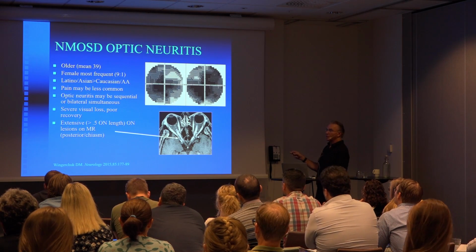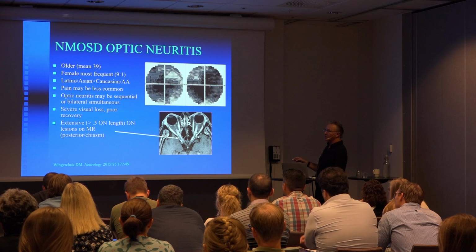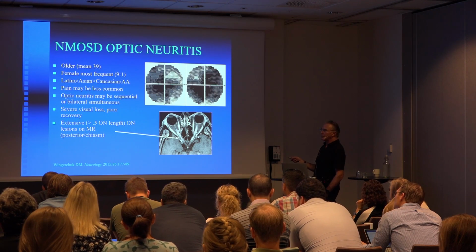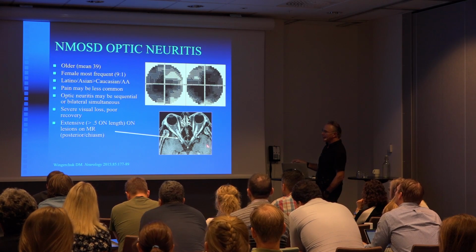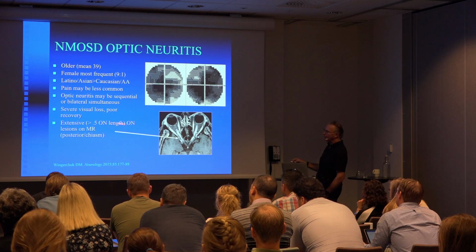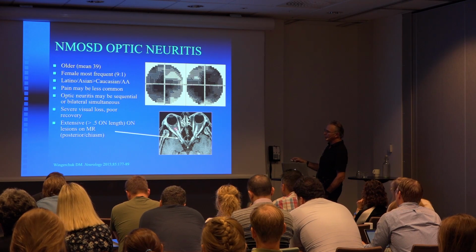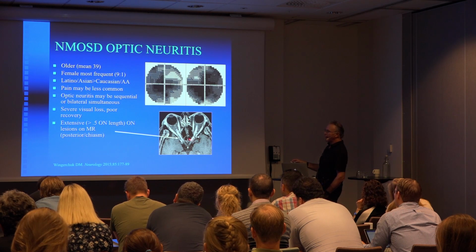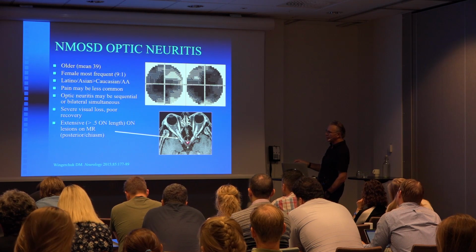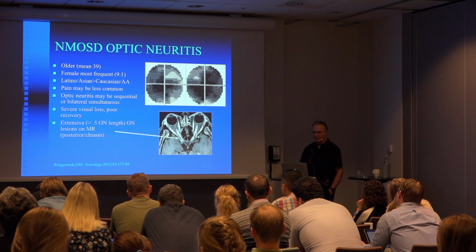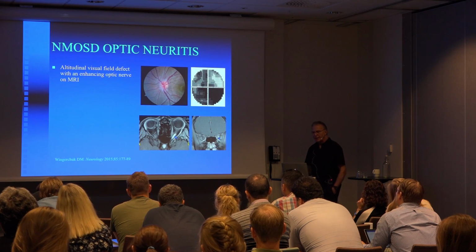It may be sequential. You may start out with both eyes involved at once. The visual loss is usually poor. It doesn't recover spontaneously as much as others. And this picture that I showed you earlier, with greater than half of the intraorbital optic nerve length being involved with enhancement, particularly if it's both sides, and if there's posterior involvement headed toward the chiasm, that's a marker that this may be more likely to be neuromyelitis optica.